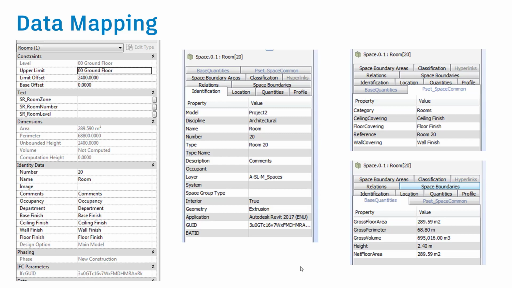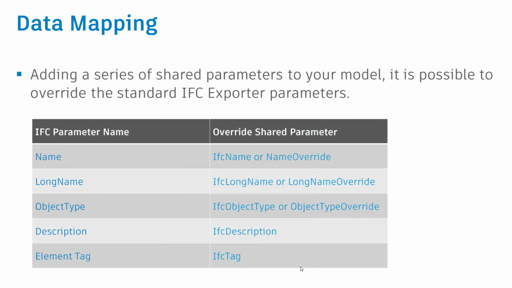So here we've got an example where you can see all the data mapping over and going into an appropriate place. So you've got quantities, you've got finish data, and you've got the room identification information, things like room numbers and names, and the layers are in there as well.